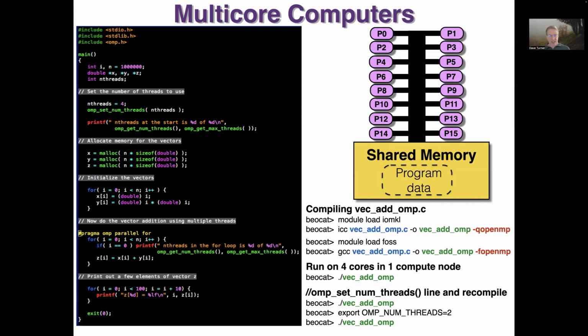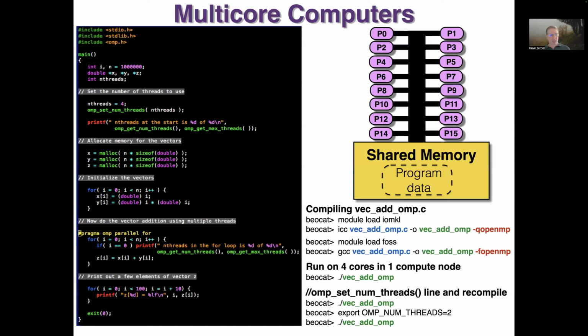Now, the first thing I do there is I put if i equals 0, I'm going to print out "n threads for this loop is %d of %d". So I'm going to print out the number of threads and the maximum number of threads. They're both going to be the same. And if you look up above, I do set the number of threads manually in this case to 4.